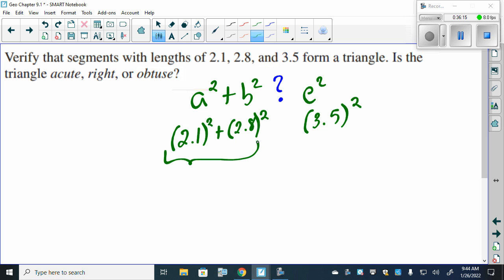So we can plug 2.1 squared plus 2.8 squared into the calculator and get 12.25. That's 3.5 times 3.5. That's 3.5 squared.